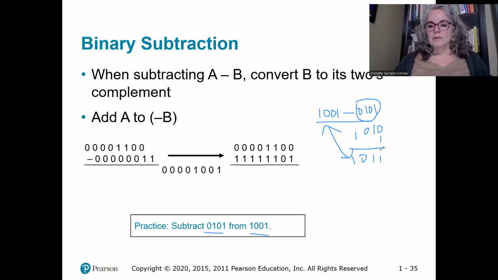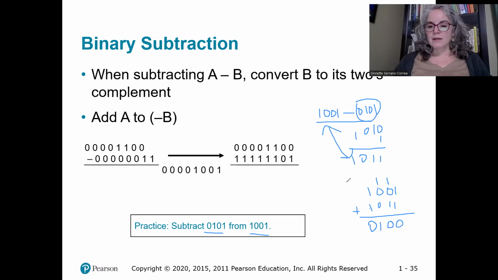So let me put them under it, okay? I want to make sure you understand this really well. Add it. 1 plus 1 is 2, so I'm going to carry. 1 plus 1 is 2. I'm going to carry. 1 plus 0 is 1. 1 plus 1 is 2, so 0.